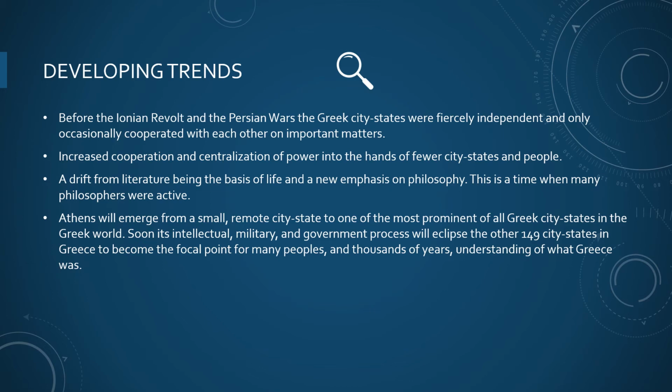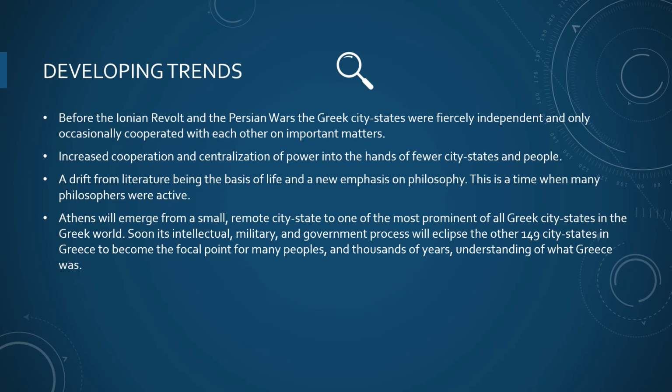So not only will there be fewer city-states that are independent and leading the charge basically, but we'll begin to see more people gather more power into their individual hands. And this will challenge the notion, was Athens a democracy, or was it an empire, or can you be a democratic empire? We'll talk about that later.